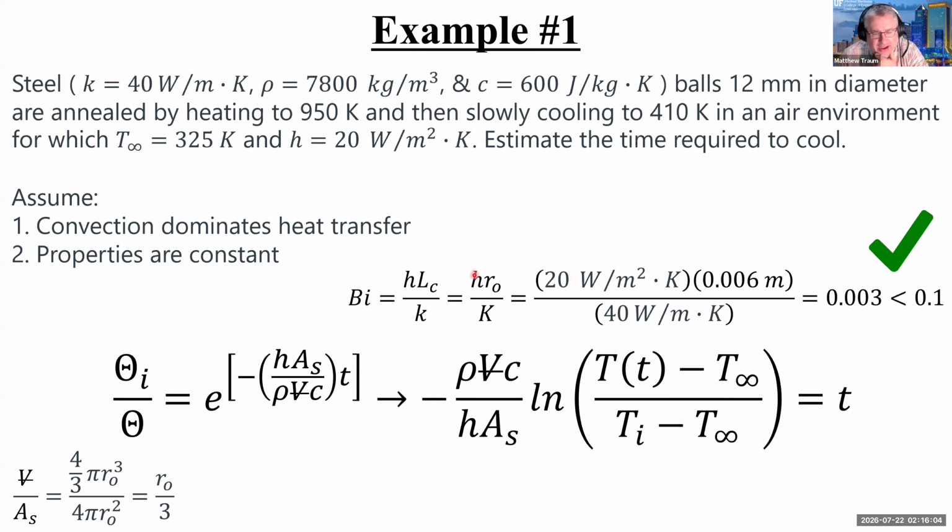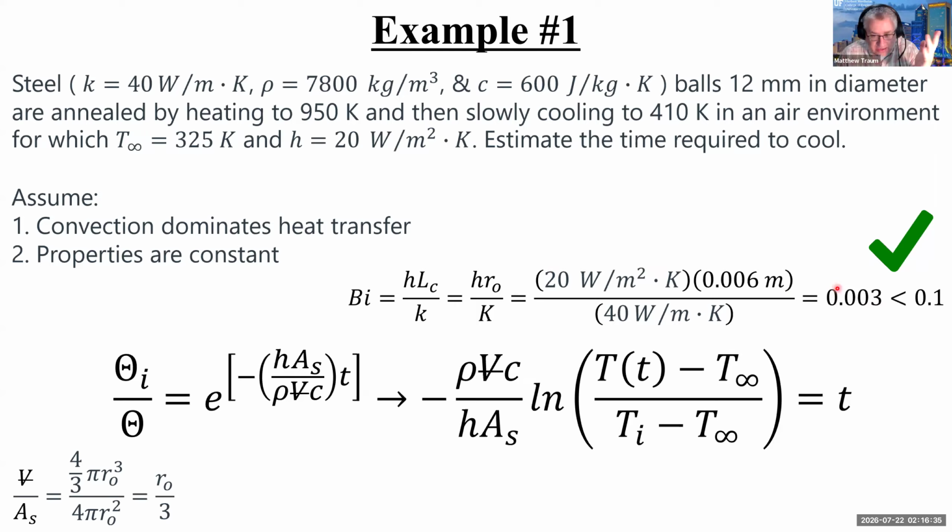So h times the radius of the sphere divided by k. The sphere is 12 millimeters, so its radius is 6 millimeters, 0.006 meters. h is given as 20, k is given as 40 watts per meter Kelvin. So I know everything, so I can plug everything in, and what I get when I do the math is 0.003 is my value, and that is less than 0.1, right?